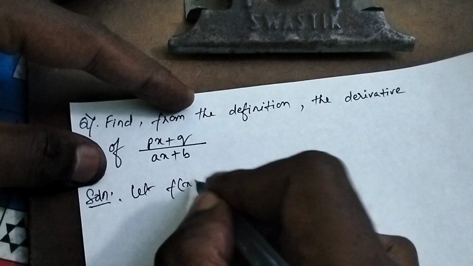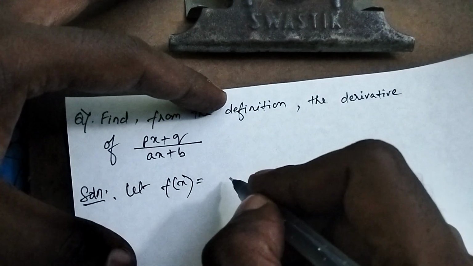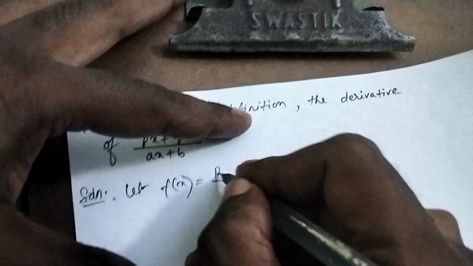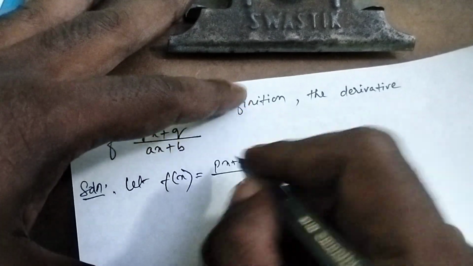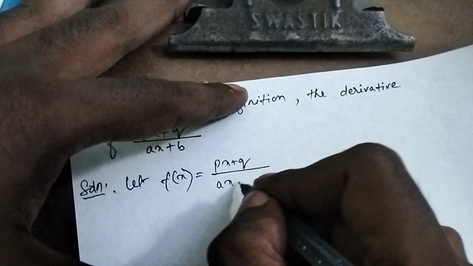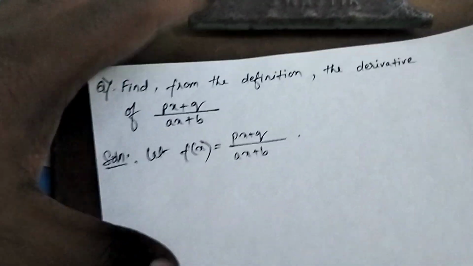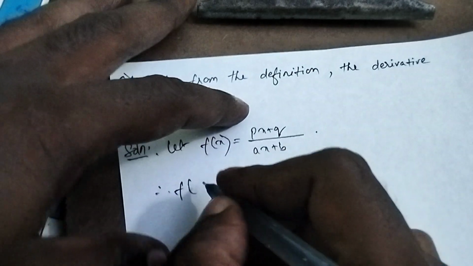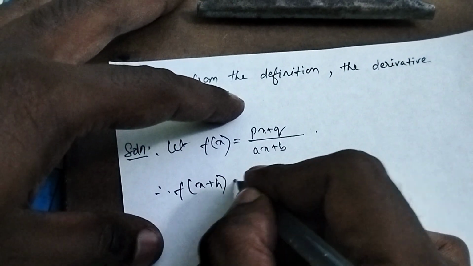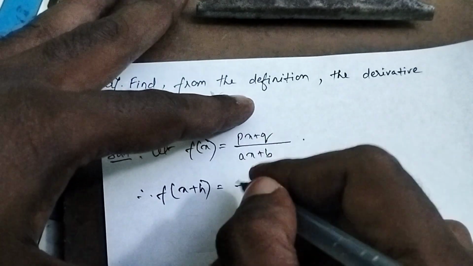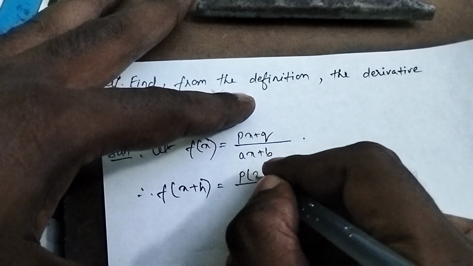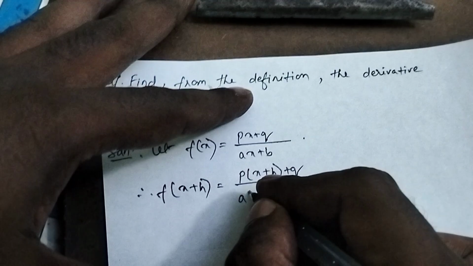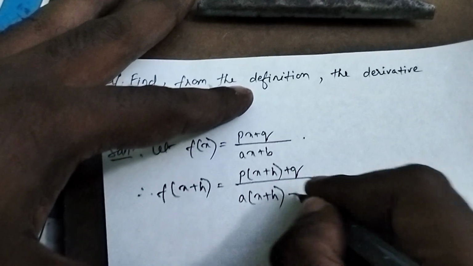Let f(x) is equal to (px + q) by (ax + b), right? So therefore f(x + h) is equal to p into (x + h) plus q, over a into (x + h) plus b.